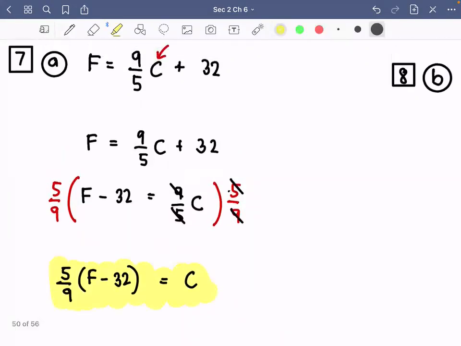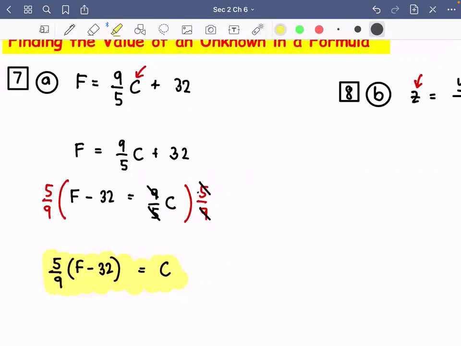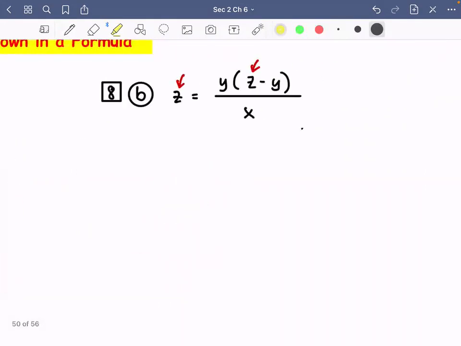Do you have any question, class, for number 7? None? Okay, now let's go to number 8, letter B. Here, the problem is that we have two letter Z's. It says we should make Z the subject, which is true, but we still have Z here.